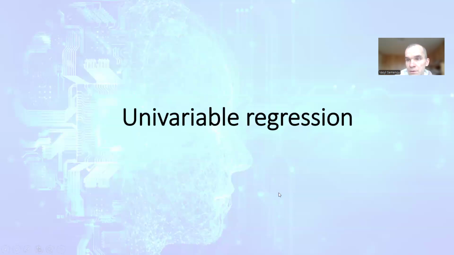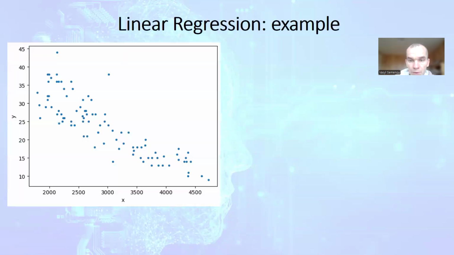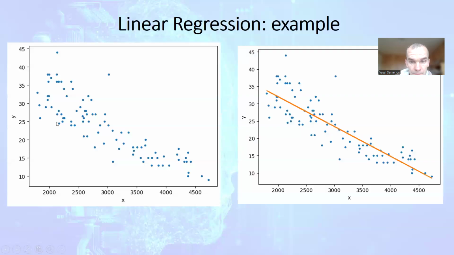First, we consider the simple case of univariable regression, when we have only one feature. For example, on this graph, we have feature x and target variable y, and we want to make a prediction of y based on x. This linear prediction, this line of y depending on x, could be like shown here on the right.